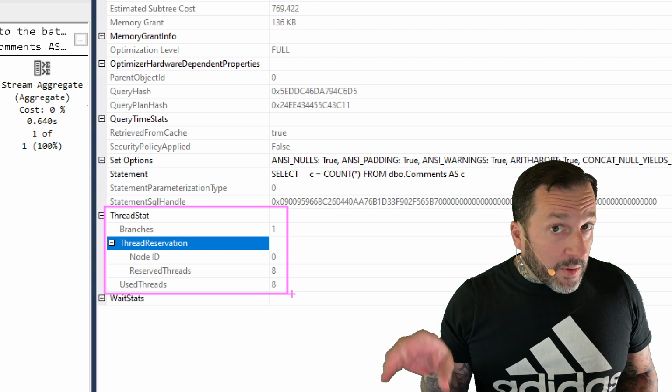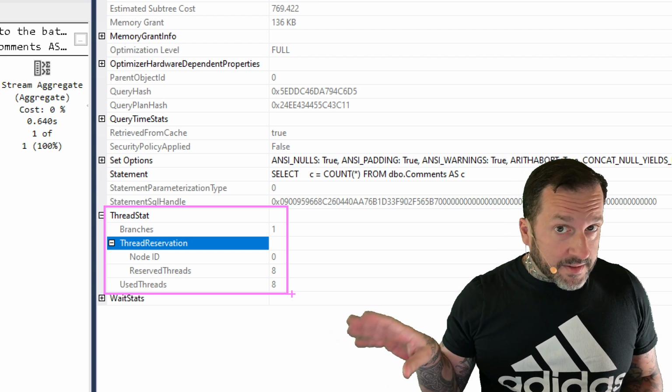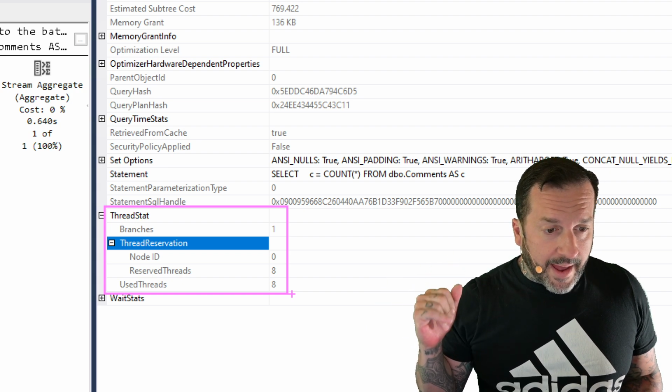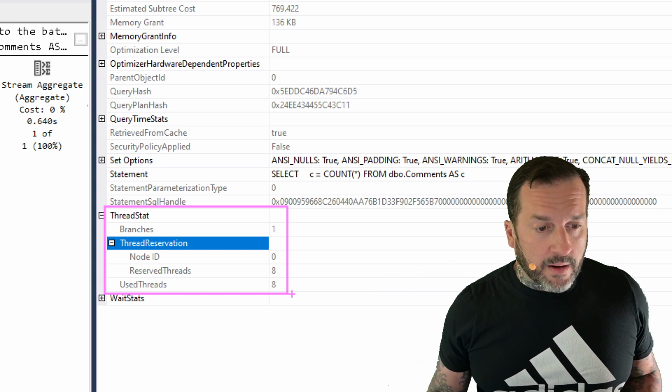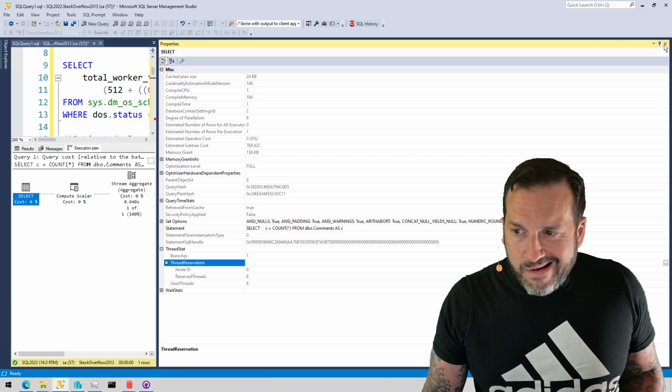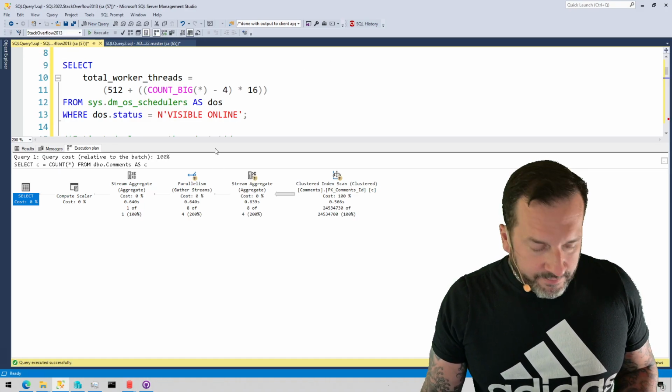A parallel query can reserve far more threads than it actually uses. So that's a good thing to look at if you're troubleshooting a parallel plan issue.